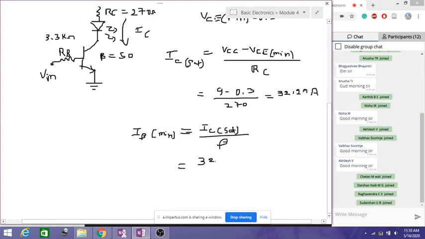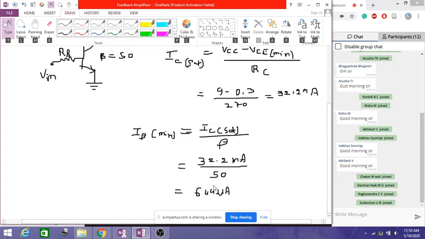Now it is 32.2 milliamperes divided by the beta value, which is 50. Then we get the IB value as 644 microamperes.